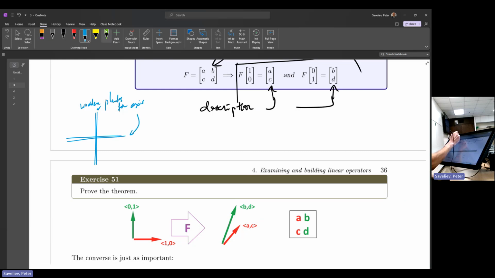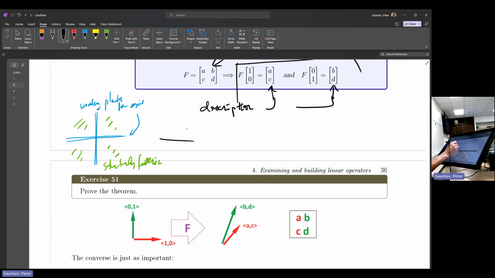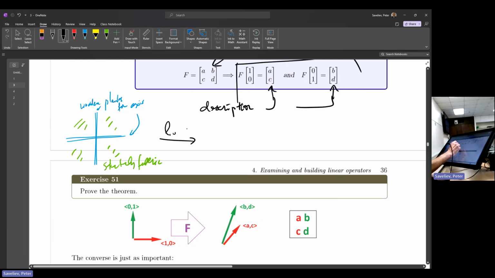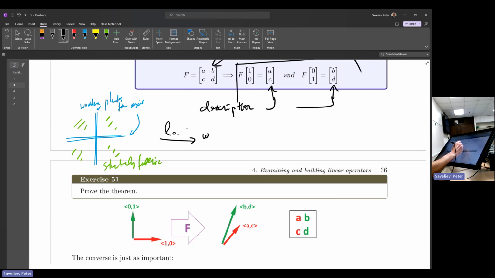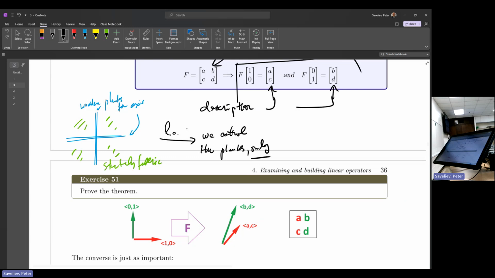And then the rest is a stretchy fabric. Okay, and then what happens under a linear operator is that we control the planks only. So we do not move the fabric. The fabric moves with the planks. Okay, so we can take those 2 planks and do what we want with them.